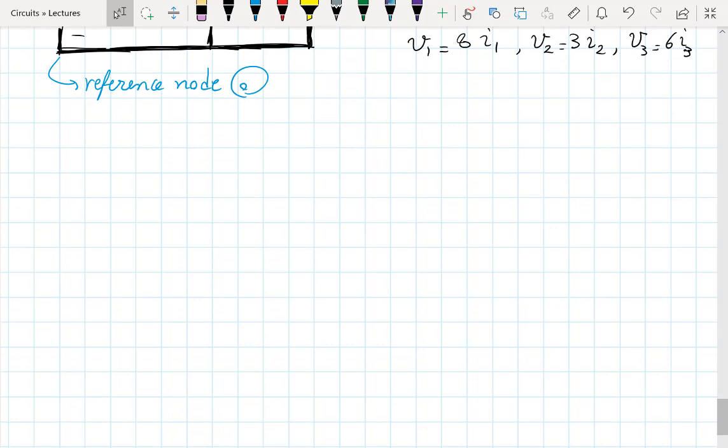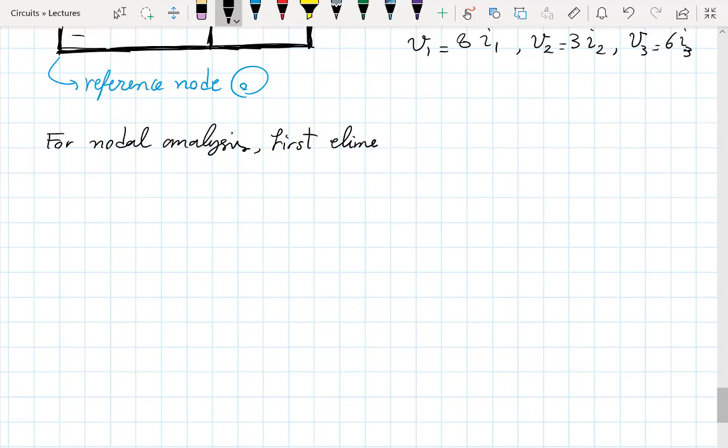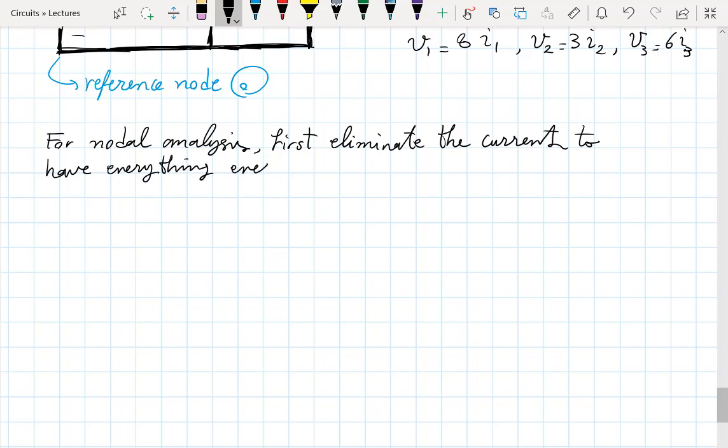So for nodal analysis, first eliminate the currents to have everything in terms of voltages, in terms of element voltages.